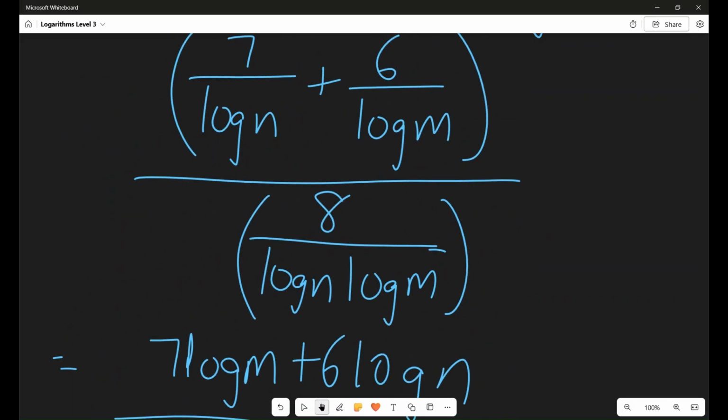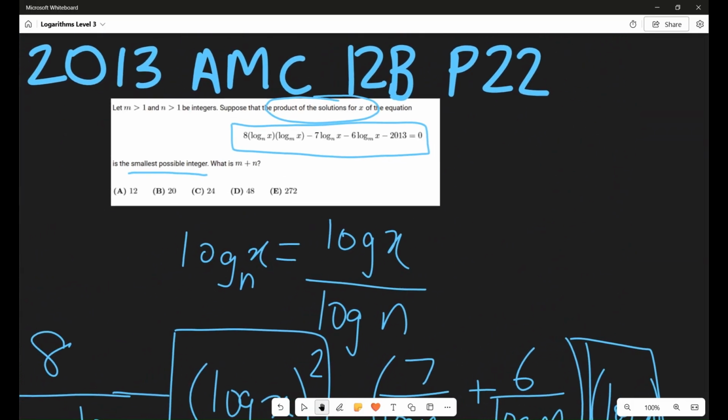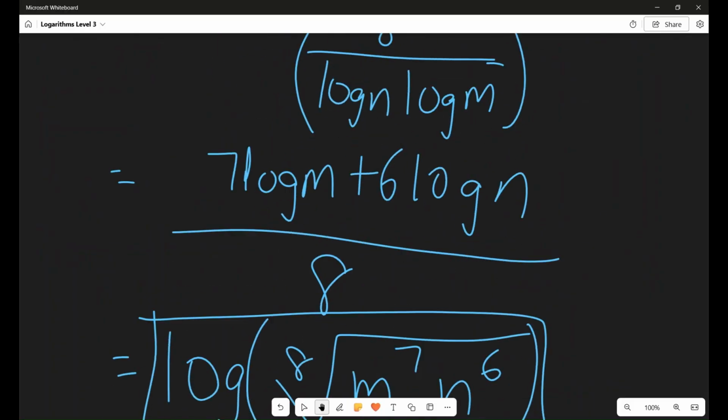Now let's go back to the question. And we want the value of m plus n. So at this point, we should start trying to do a little bit of bash, but not just random bash, plugging in random numbers for m, more a coordinated approach for calculating the values of m and n.